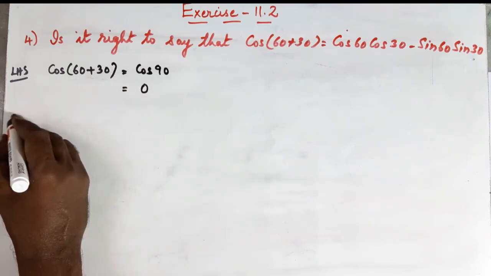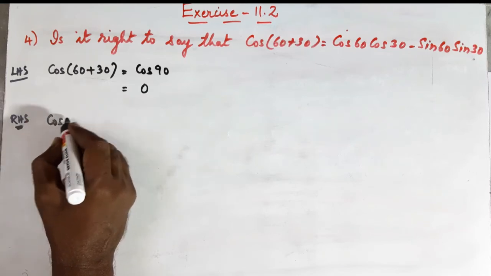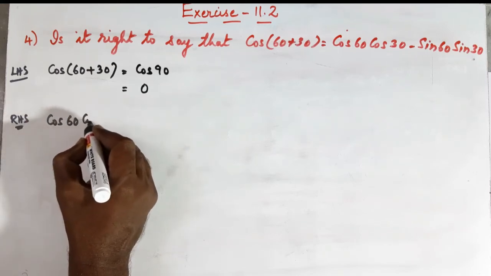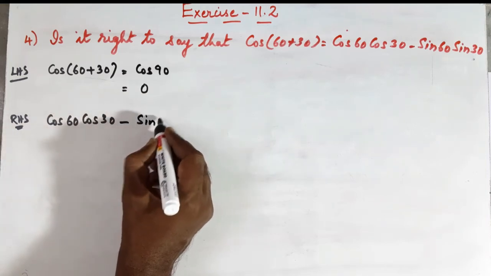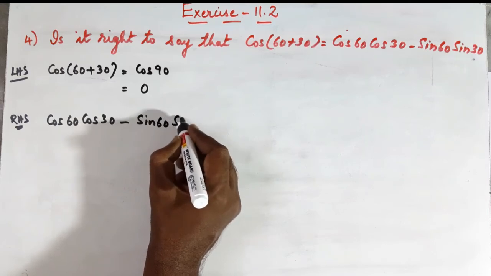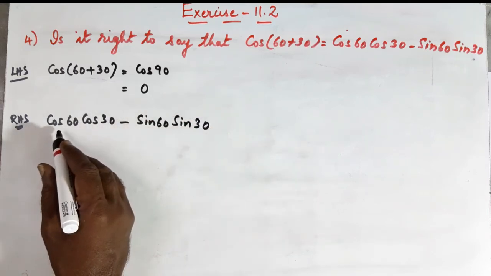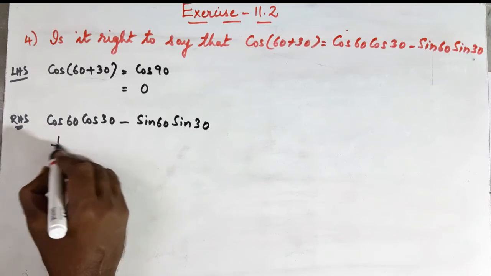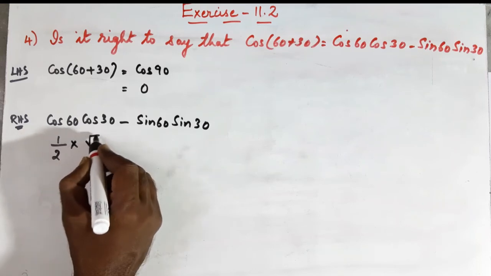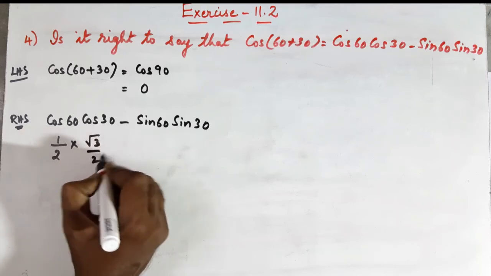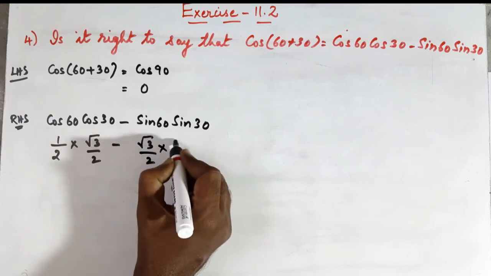Now RHS: cos 60 cos 30 minus sin 60 sin 30. So what is cos 60? We have seen in the trigonometric table, it is 1 by 2. Cos 30 is root 3 by 2. Sin 60 is root 3 by 2. Sin 30 is 1 by 2.